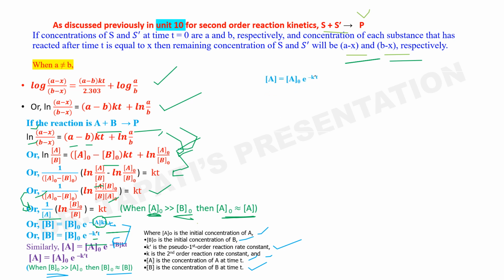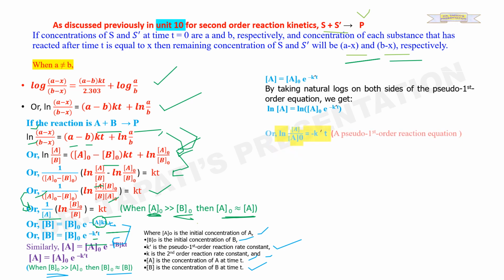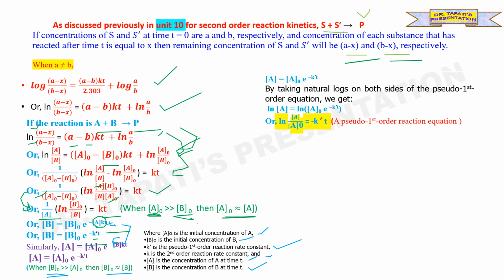Again, I am writing this equation: A is equal to A0 e to the power minus K prime t. Now, by taking natural logs on both sides of the pseudo-first order equation, we get ln A, that is equal to ln A0 e to the power minus K prime t, or ln A by A0, that is equal to minus K prime t.